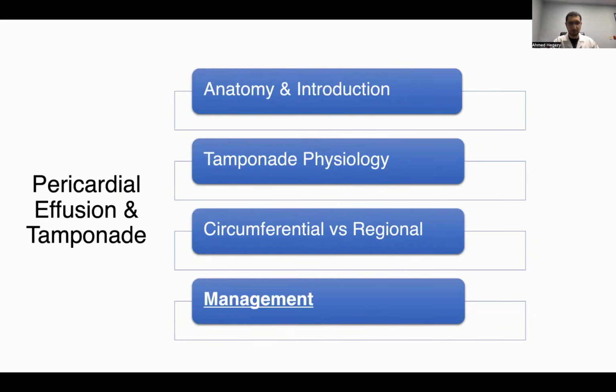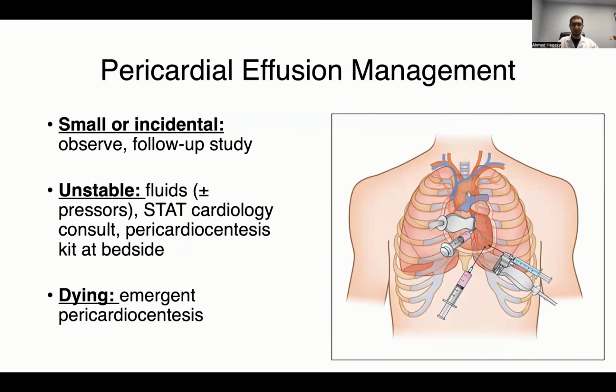How do we manage pericardial effusions in tamponade? Well, if you find a pericardial effusion and it looks small, and it's an incidental finding, then you can just observe and potentially even repeat the study later down the road for follow-up. If you have a patient who has a pericardial effusion that is exhibiting tamponade physiology and the patient is unstable, then you need to temporize the hemodynamics as much as possible by giving fluids, by giving pressors, and do a stat cardiology consult.